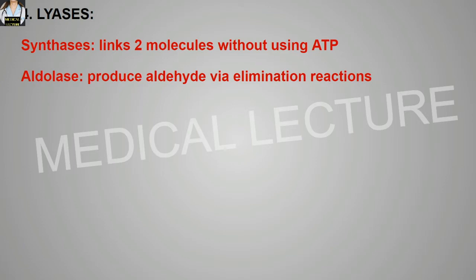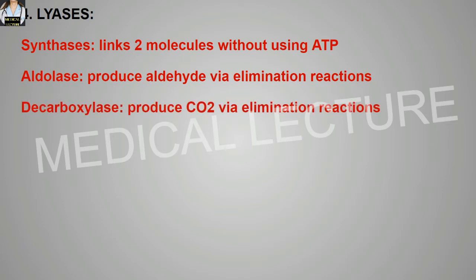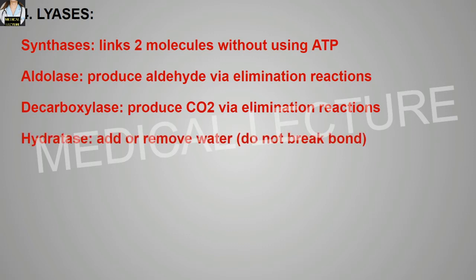Aldolase produces aldehyde via elimination reactions. Decarboxylase enzyme produces carbon dioxide via the elimination reaction. Hydratase enzyme adds or removes water, and remember, they do not break the bond, they just add or remove the water.